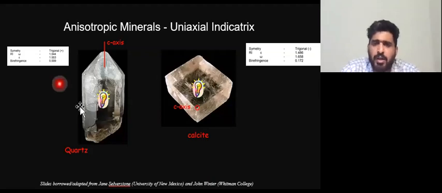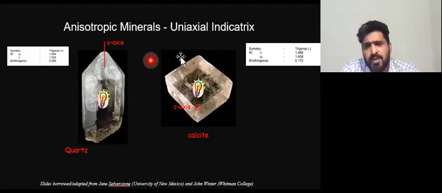For example, quartz has n epsilon value of 1.553 and n omega of 1.544, where epsilon is greater than omega. Because of that, quartz is a uniaxial positive mineral.